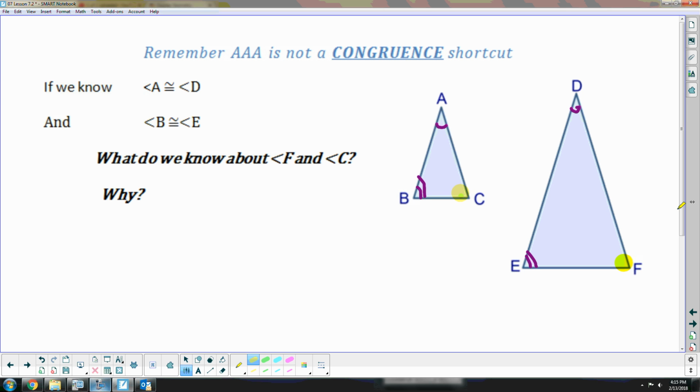Well, let's assign a variable to angle A. Let's say that angle A is X. That means angle D is X. Let's say that angle B is Y. That means angle E is Y. And let's say that angle C is Z and angle F is P. Well, X plus Y plus Z has to equal 180 degrees.